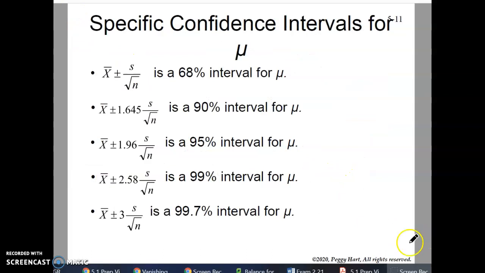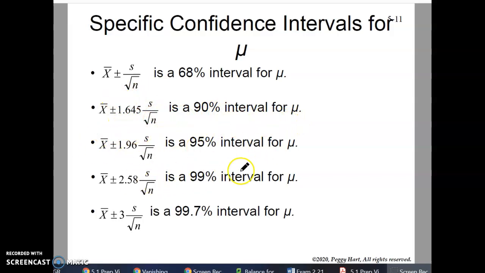I just want you to notice some other specific confidence intervals, right? You'd have things like X bar plus or minus S over square root of N would be a 68% interval. This 1.645 is a 95%.